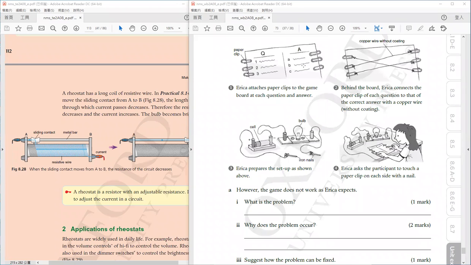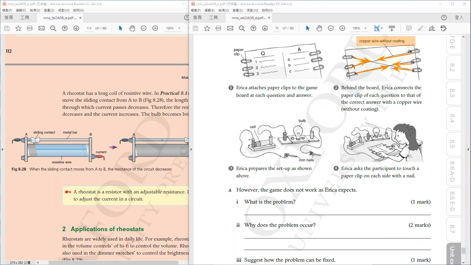What's the problem? The problem is about the copper wire here. Because they have no coating, they basically connect everything together.